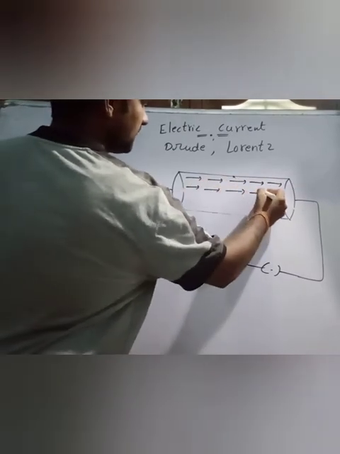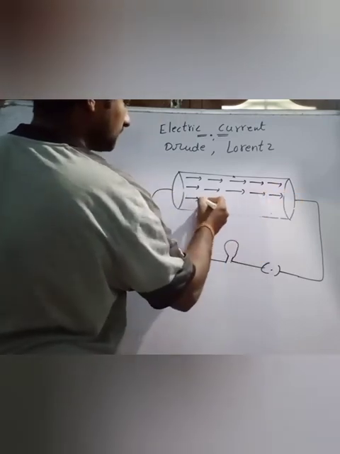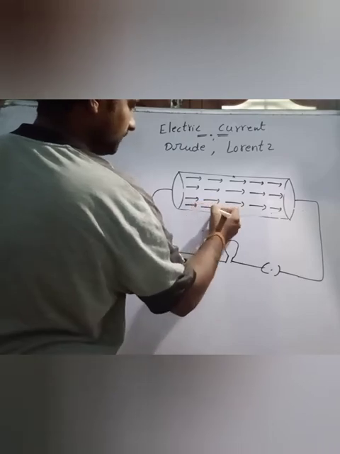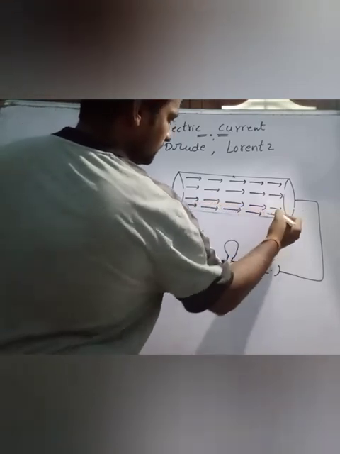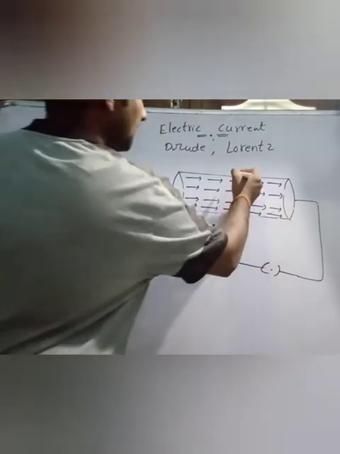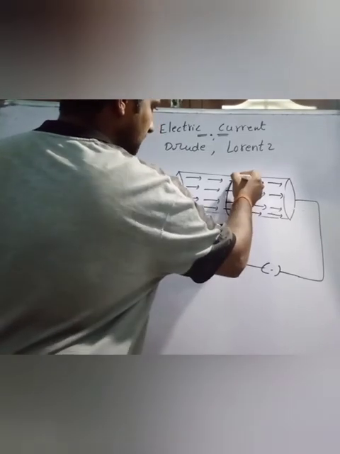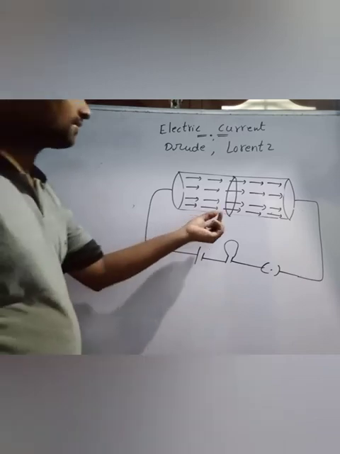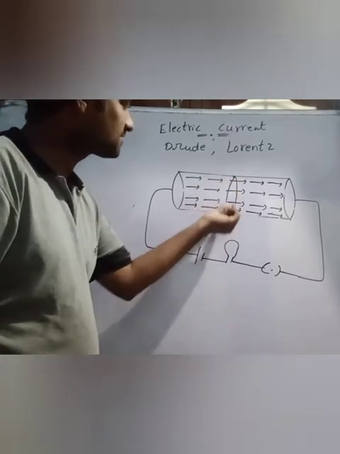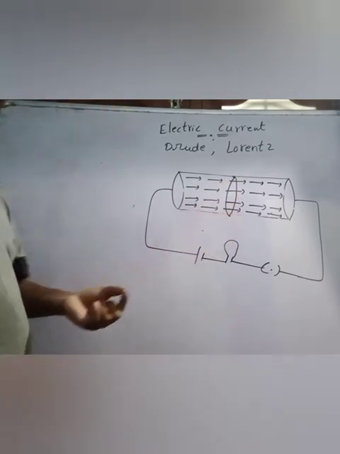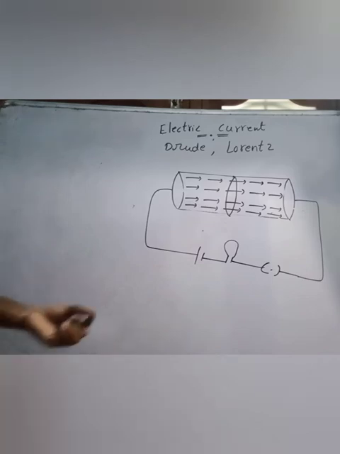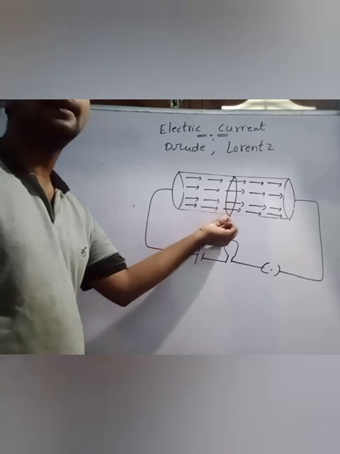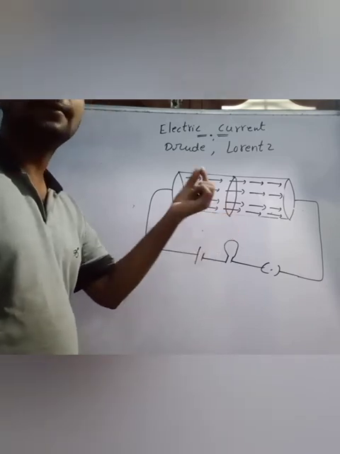Now find the net charge passing through one cross section. The number of electrons passing through this cross section is called simply electric current. Clear, all of you? Now the net charge passing through this cross section is not equal to 0.